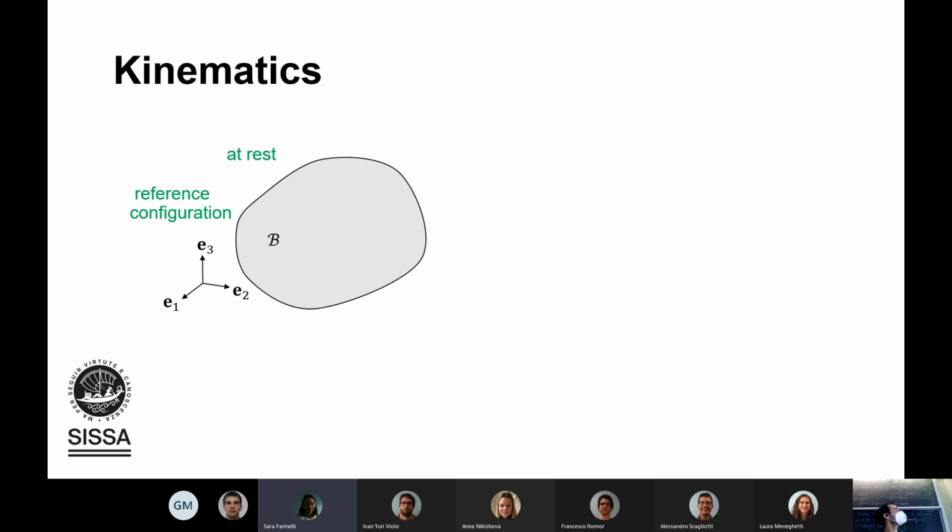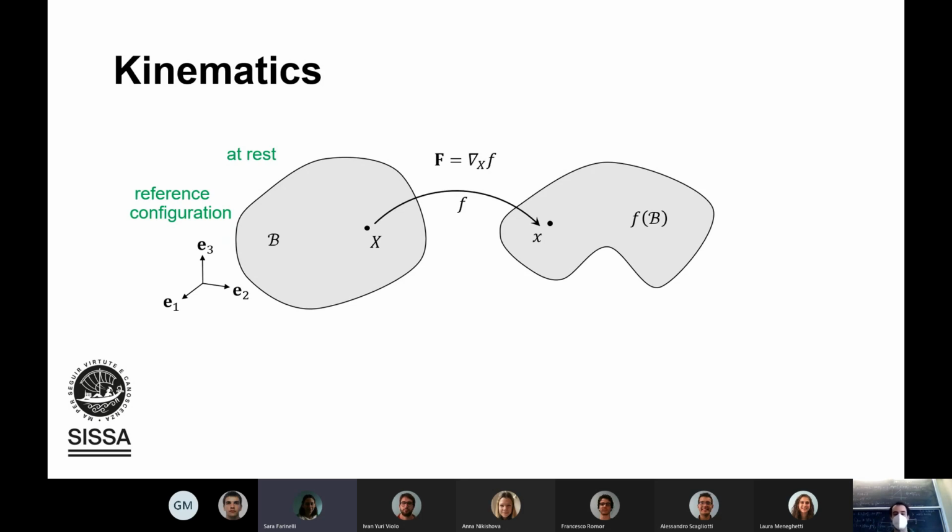Now imagine that we squeeze it, we apply some forces, then it will deform according to a deformation map that we denote by f. As a notation, capital F is the spatial gradient of the deformation. Now, this new configuration is referred to as the current configuration, and it is stressed.